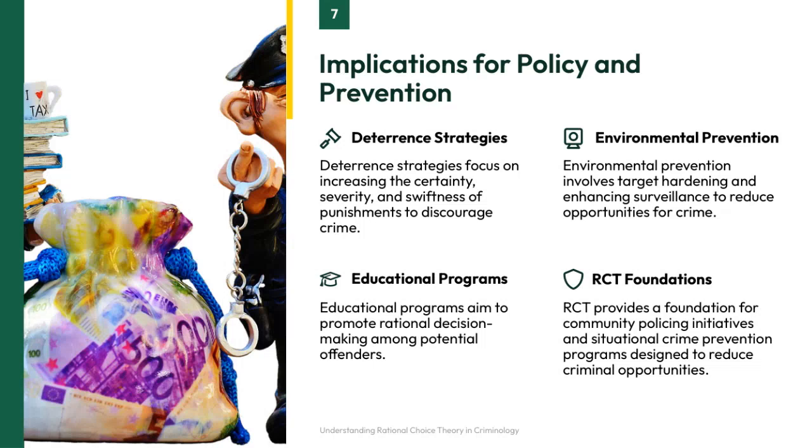When we talk about policy and prevention in crime reduction, there are several important approaches to consider. First, deterrence strategies work by making sure that punishments are not only severe but also certain and swift. This combination aims to discourage individuals from committing crimes because the risks become too high. Next, environmental prevention takes a different angle by focusing on reducing opportunities for crime.